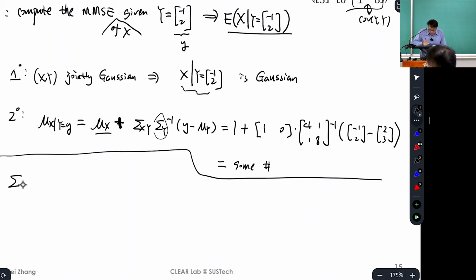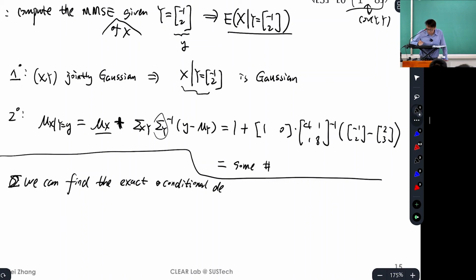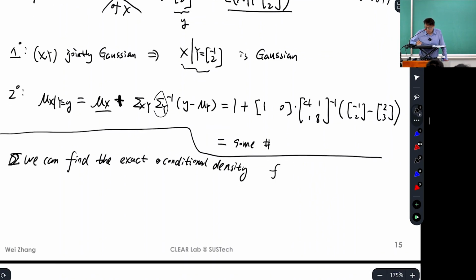We can find the exact conditional density of x given y, small x given small y.